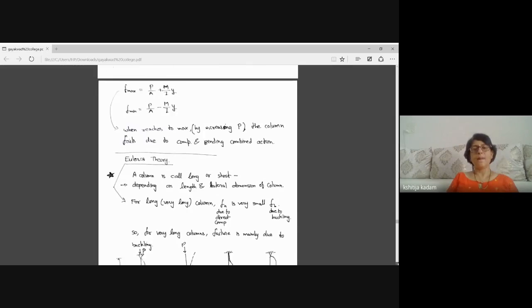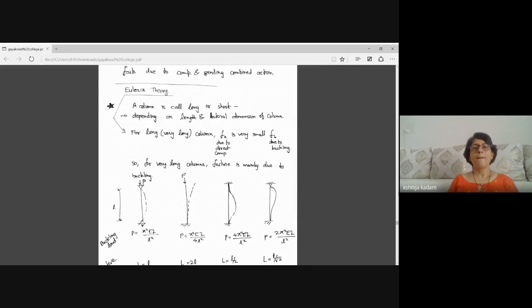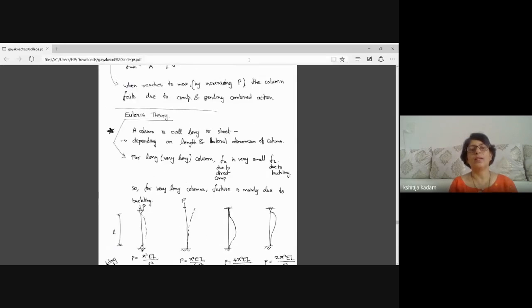So if long columns are there, the column will fail because of buckling. Here you can see when P reaches maximum, the column will fail due to compression as well as buckling. But if the column is very long, the axial compression will be very small as compared to bending.